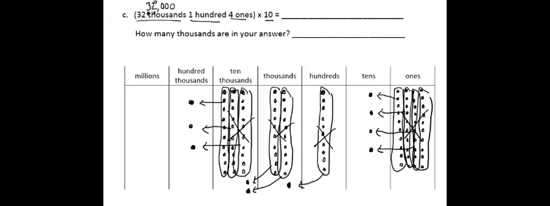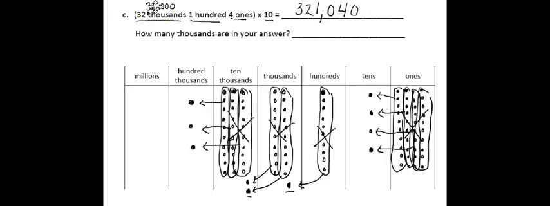Now let's write the number shown by our place value disks. I have 3 100,000s. I have 2 10,000s. I have 1,000. I have 0 hundreds. Those all got moved over. I have 4 tens, and I have 0 ones.